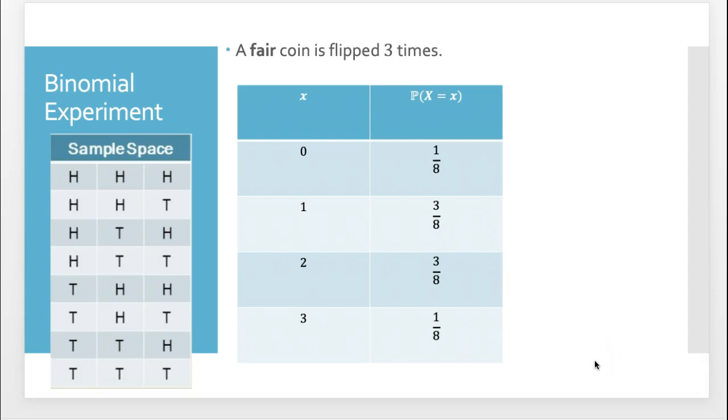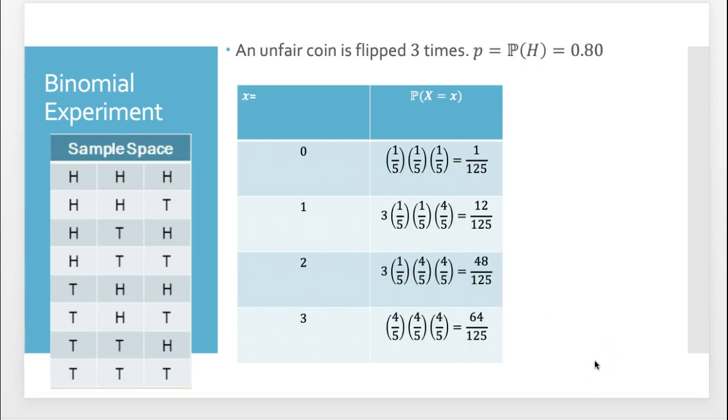Okay, so really quickly, what if the coin is not fair? What if we have an unfair coin? Can we do the same, just count the number of outcomes and put them over 8? And the answer is no. Same setup as before: the coin is flipped 3 times, results are independent, the probability of success or heads is 80% every time, but now the coin's not fair. So if I want the probability of 0 heads, that means I get all tails.